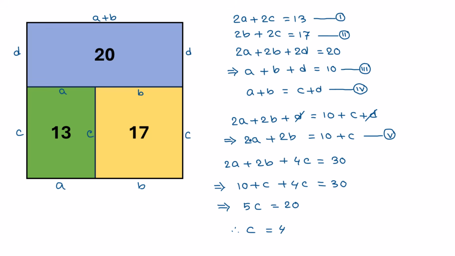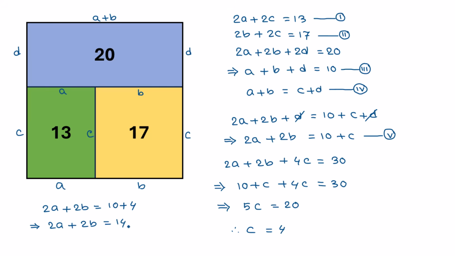Twice A plus twice B is equal to 10 plus C, and the value of C is 4, so twice A plus twice B is equal to 10 plus 4, which is 14.